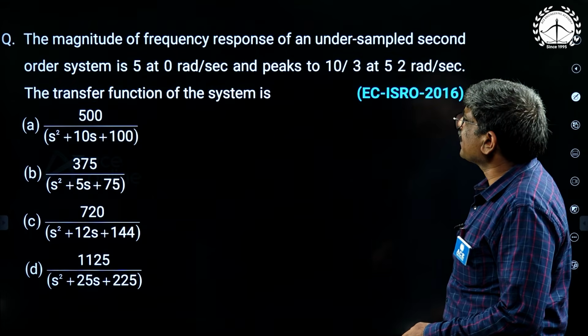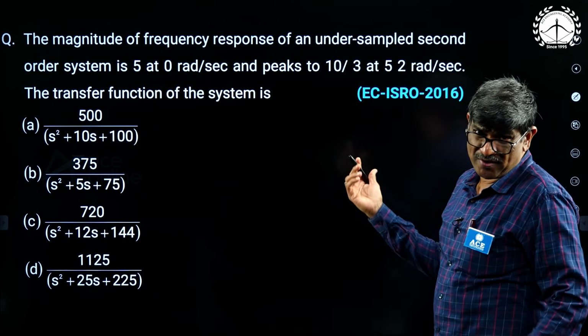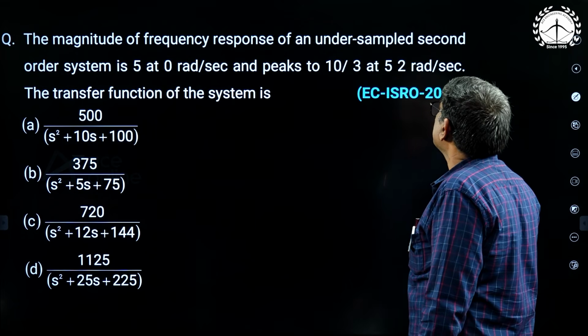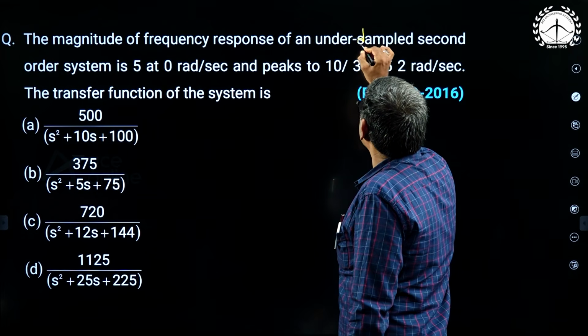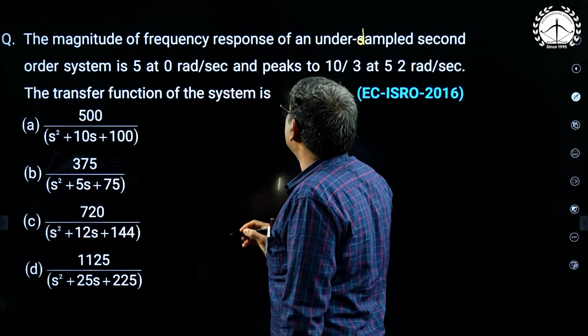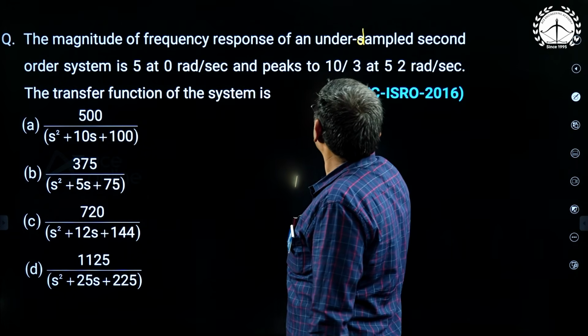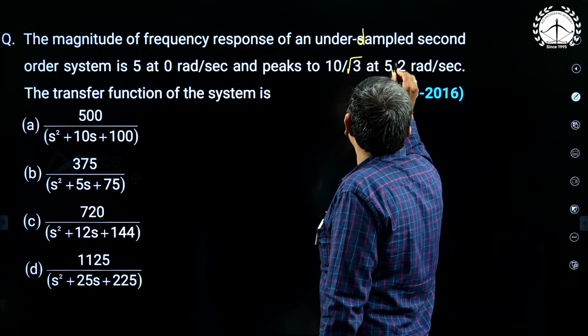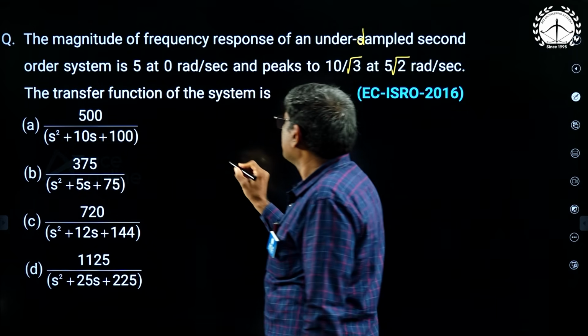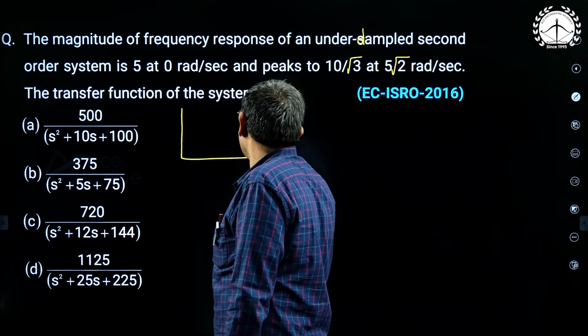Next, second question. So this is a previous GATE question only. The magnitude of frequency response of an underdamped second order system is 5 at 0 radians per second, peaks at 10 by root 3 at 5 root 2. The transfer function of the system is, so what is the information given here?